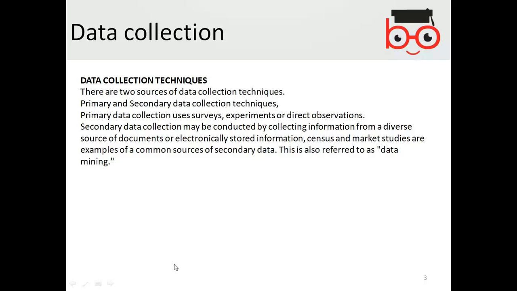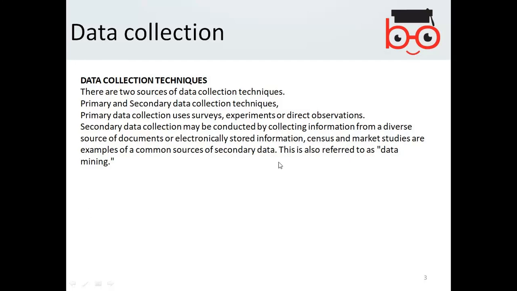However, secondary data collection may be conducted by collecting information from diverse sources of documents or electronically stored information. Census and market studies are examples of common sources of data. This is also referred to as data mining.